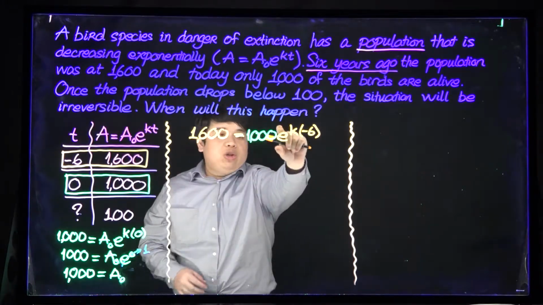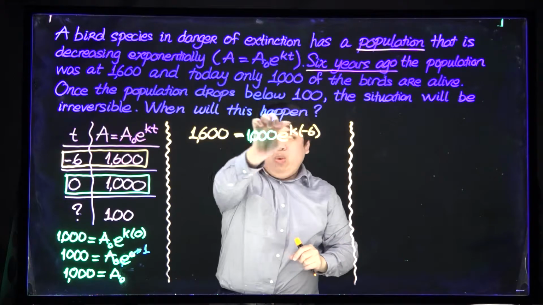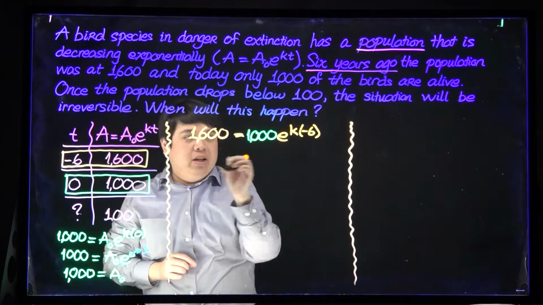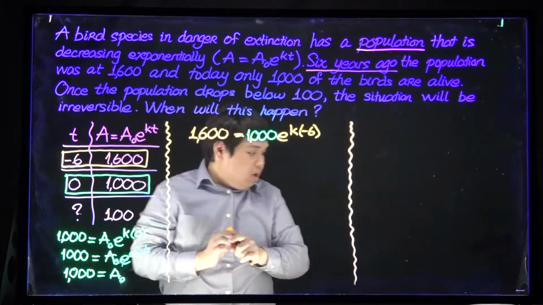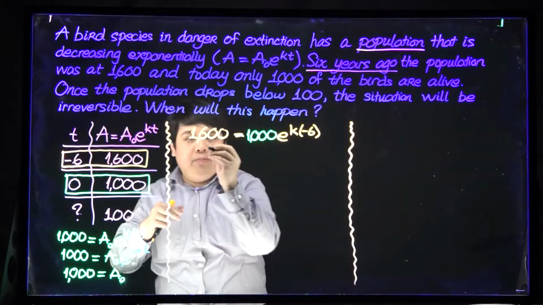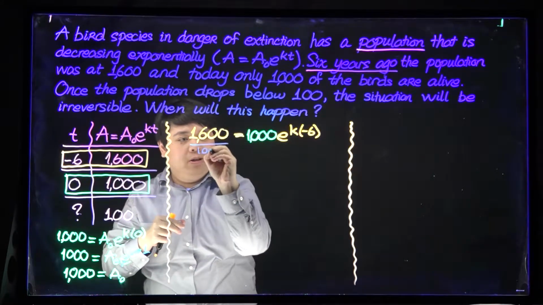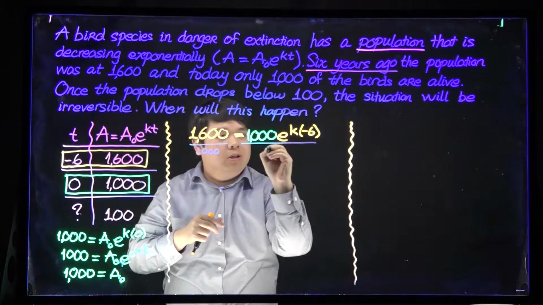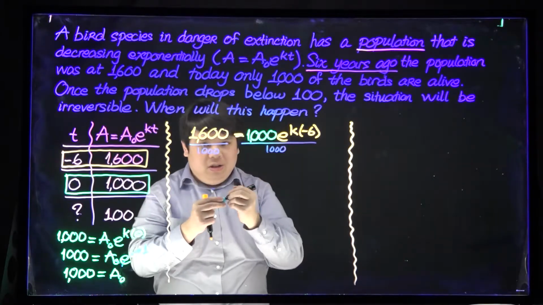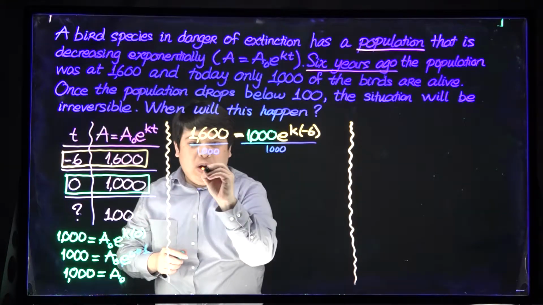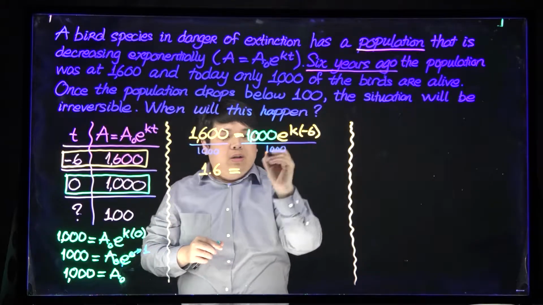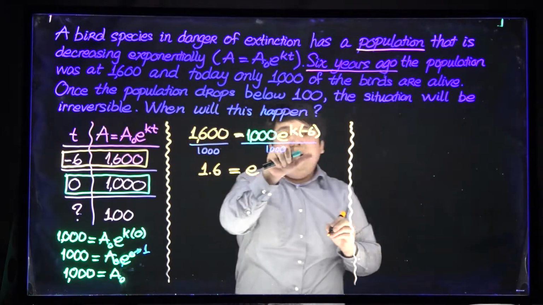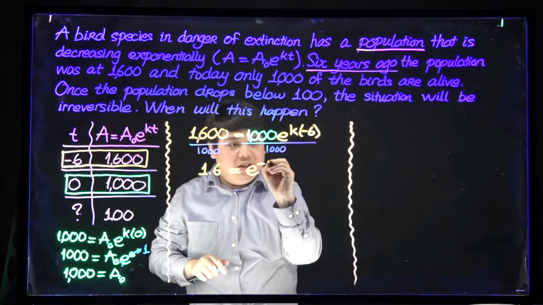First, we multiply what we have on the exponent, and at the same time, we can also divide by 1,000 on both sides. We have 1.6, and that will be e to the -6k.